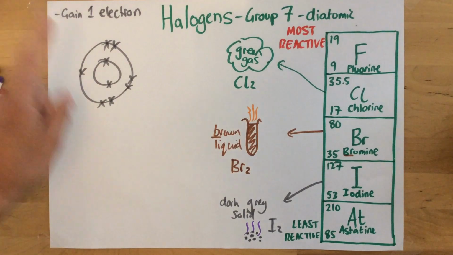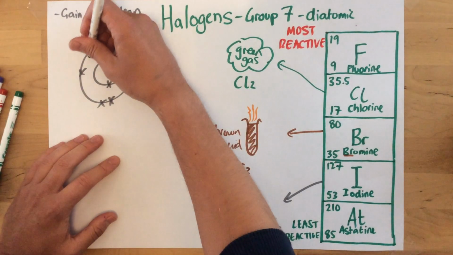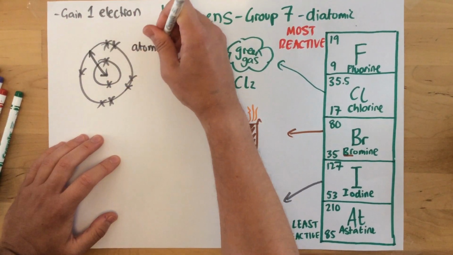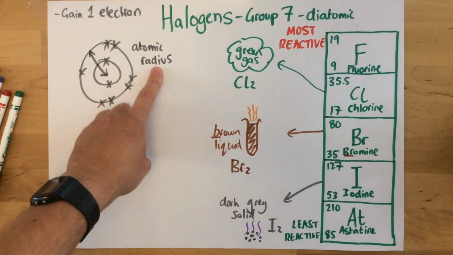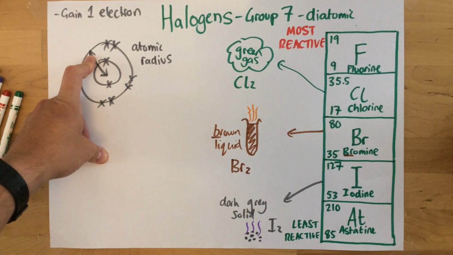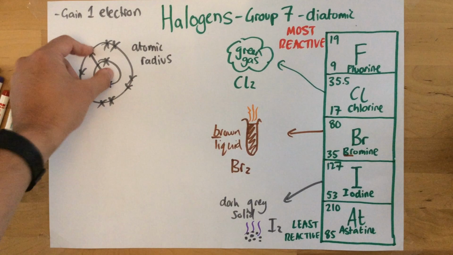The reason why fluorine is the most reactive is due to the fact it has a very small atomic radius. The atomic radius is the distance from the centre of the atom to the outer electrons. As you can see, fluorine's atomic radius is quite small.